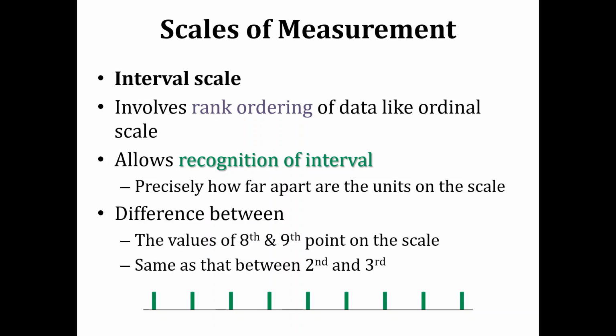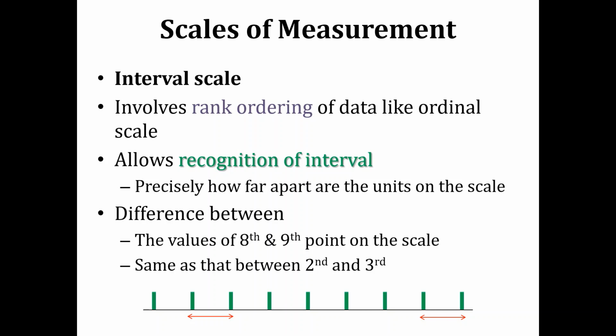So the difference between the values of 8th and 9th point on the scale is the same as that between 2nd and 3rd. So the distance between different units is the same. So this is the interval scale, which has a proper scale with equal units, with measurable units on the scale.